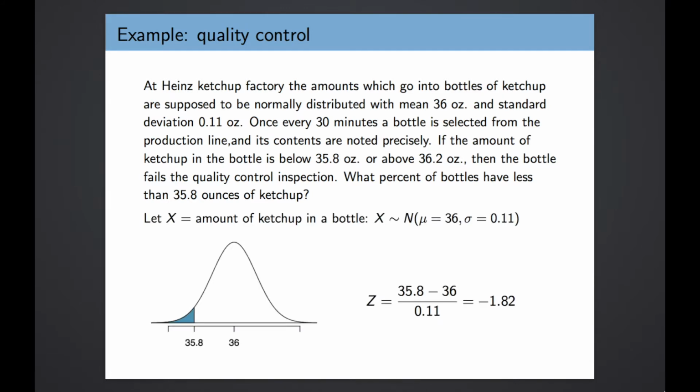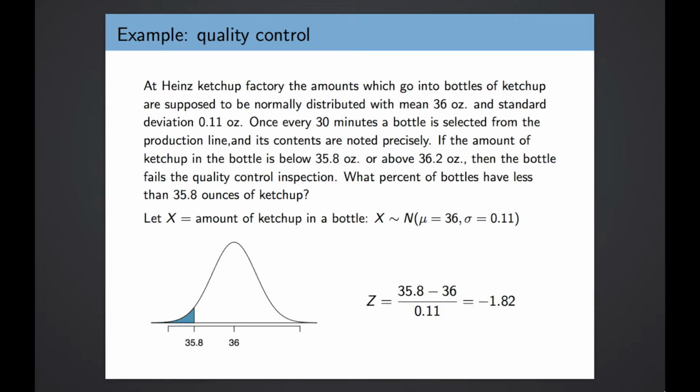The amount of ketchup in a bottle is distributed normally with mean 36 and standard deviation 0.11. So that's what we have in this equation in the middle of the slide here. Below that, we see a graphical representation of the area under the curve to the left of 35.8. So these are bottles that have less than 35.8 ounces of ketchup in this particular distribution.